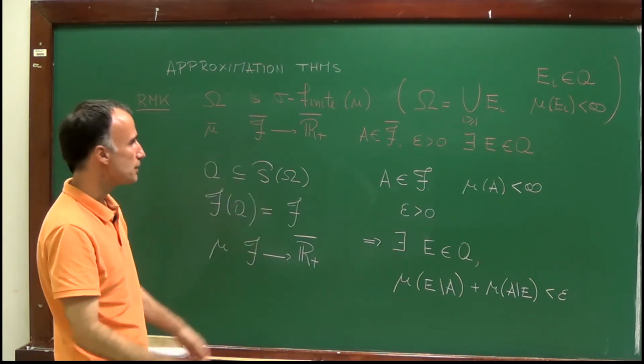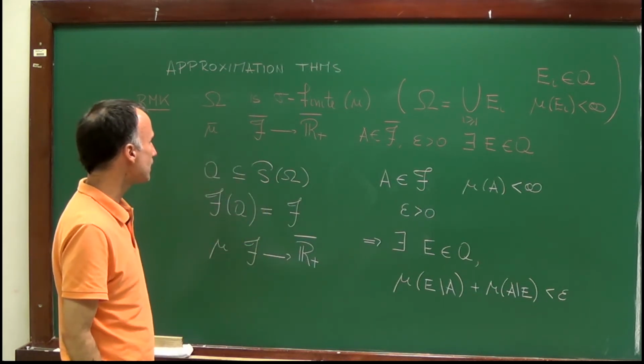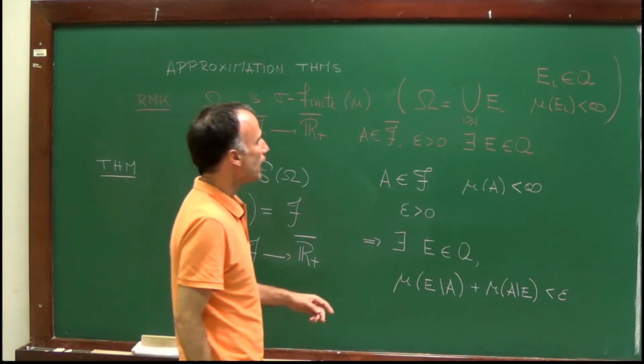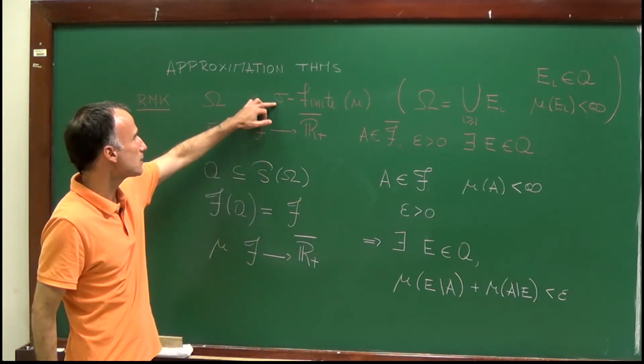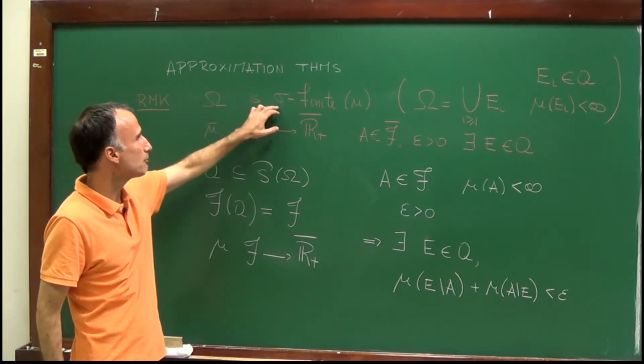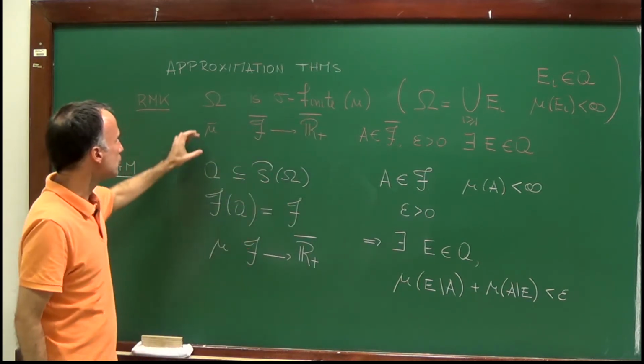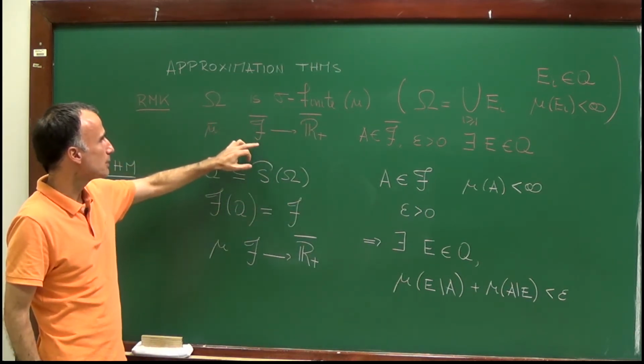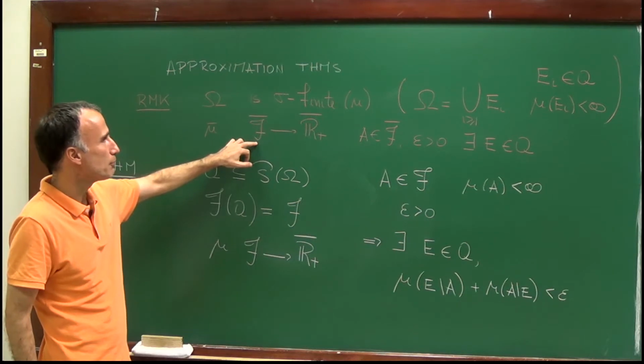You'll see that exactly the same proof applies. Here I needed an extra assumption that omega is sigma finite with respect to mu, just to guarantee that mu can be extended in a unique way to F bar.